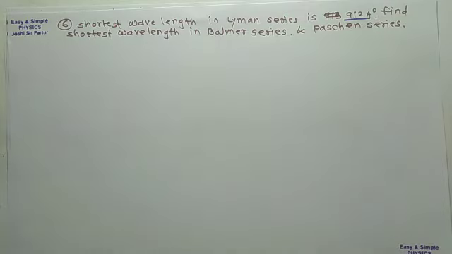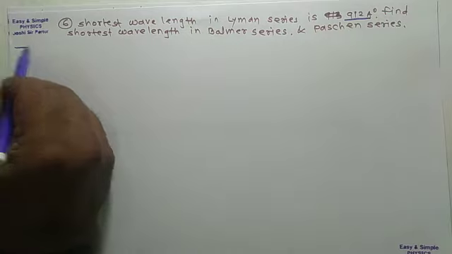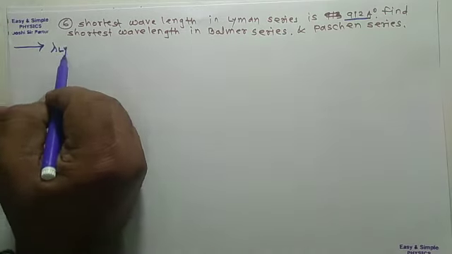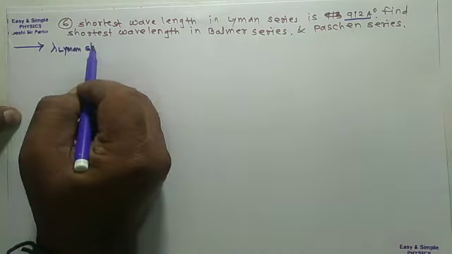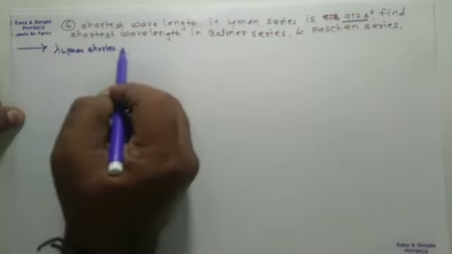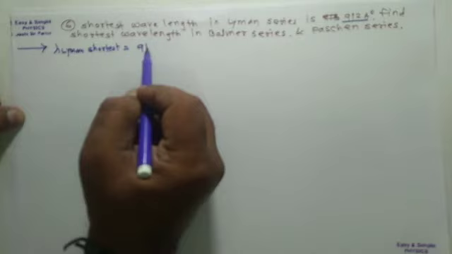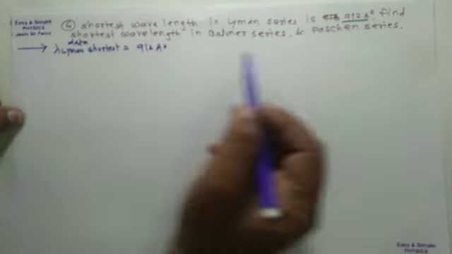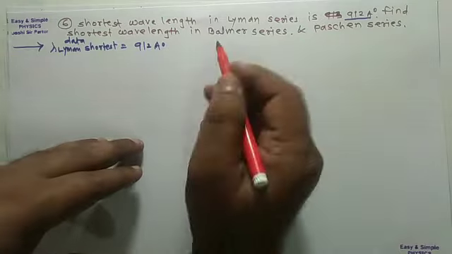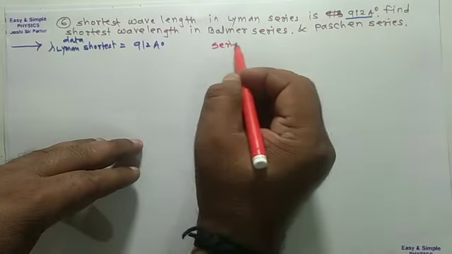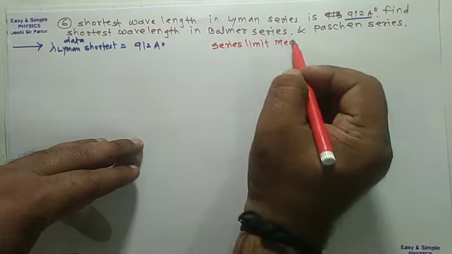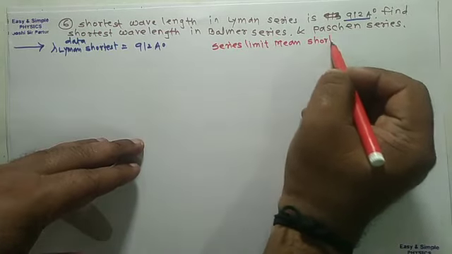So first of all, data is given: shortest wavelength in Lyman series is 912 angstrom unit. So shortest wavelength is called series limit. Series limit means shortest wavelength.